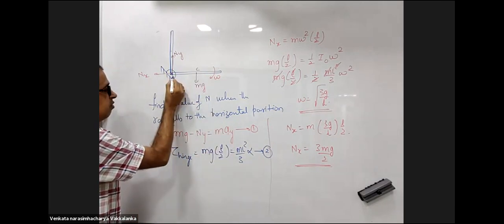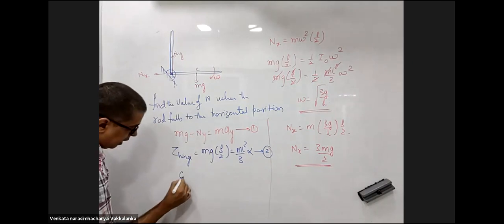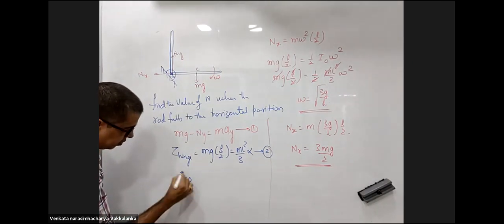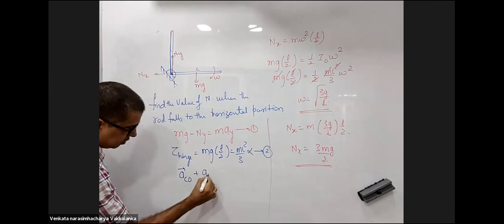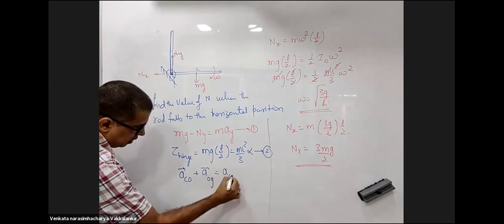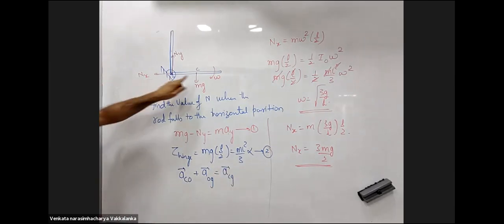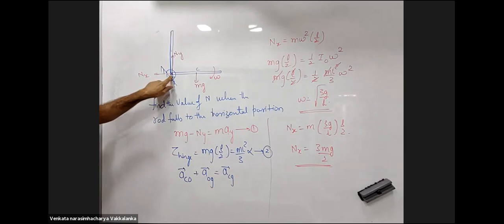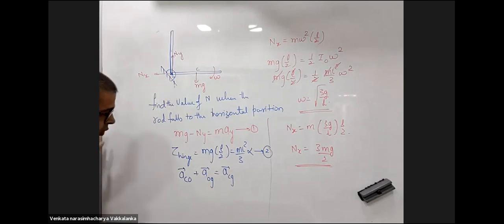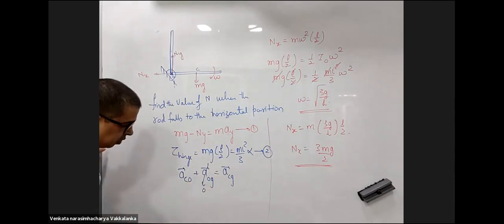Call this center of mass, call this O. Acceleration of center of mass with respect to O plus acceleration of O with respect to ground is acceleration of center of mass with respect to ground. Acceleration of O with respect to ground is 0.